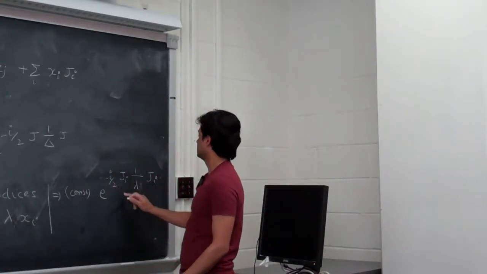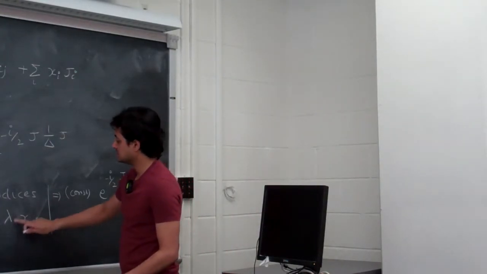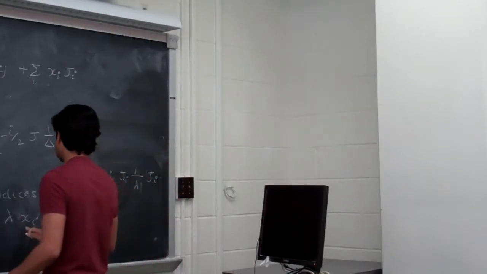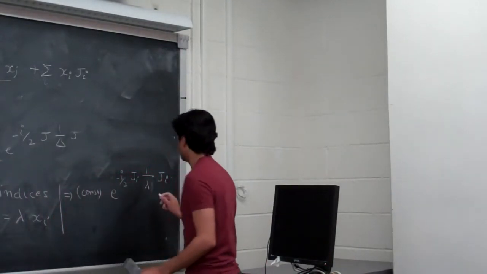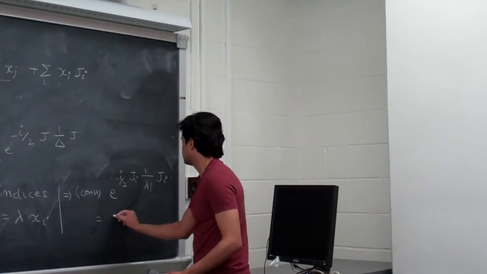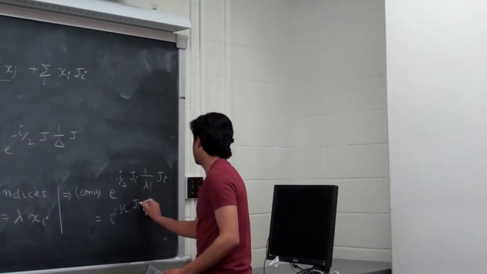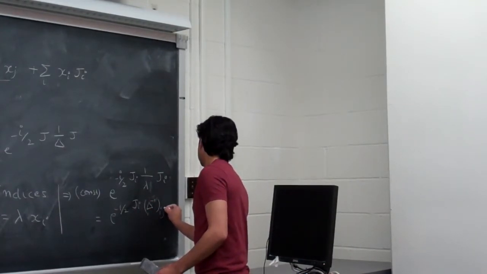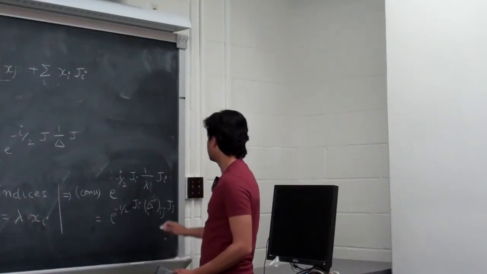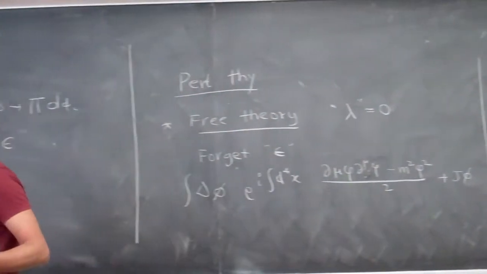So let me say this in a correct way. I do need an index here, but not the same index as this. You can write this as e to the minus I over 2 Ji delta inverse Ij Jj. Remember, because I went to the eigenvalue case, this delta is like a diagonal matrix.